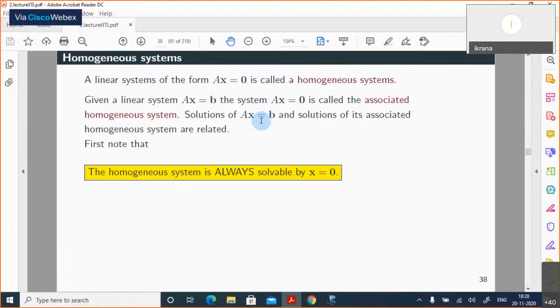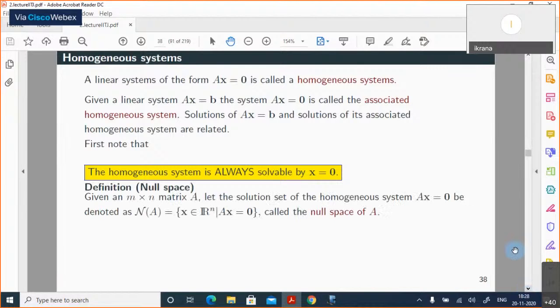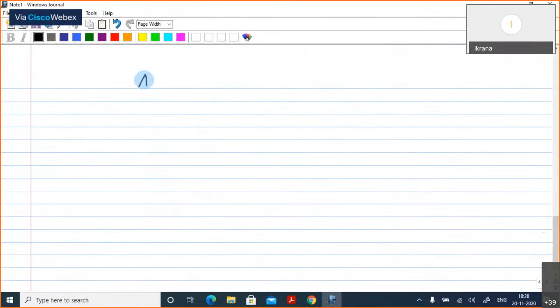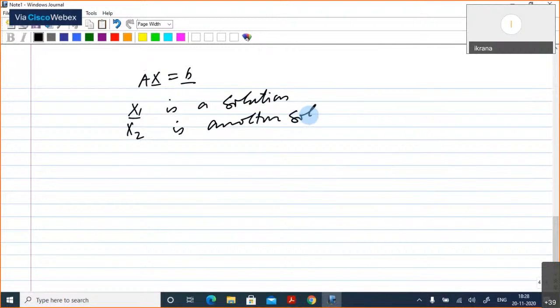But I wanted to say that for a general system, let me write that. If you have a system Ax equals b, and let us say x1 is a solution, x2 is another solution. So that implies Ax1 equals Ax2, both are equal to b.